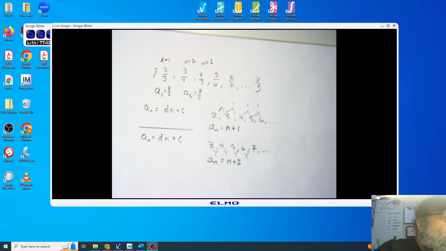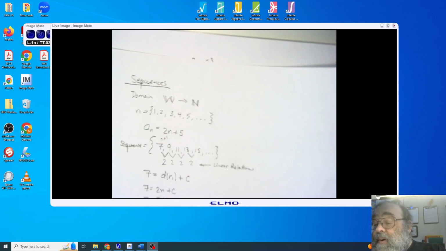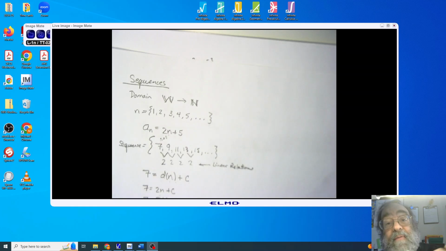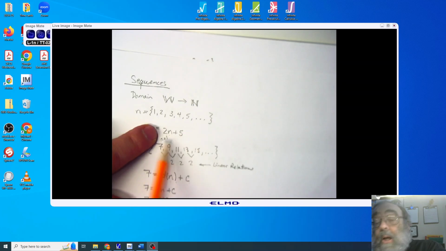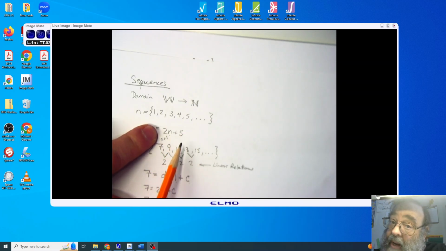Let's just very quickly review what we talked about. A sequence is a pattern of values or numbers that are created by a rule, and a rule is a function type of object. Okay, so here's like a function, except it doesn't have x, y.